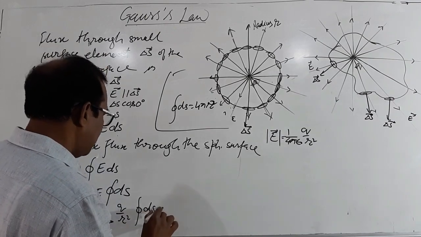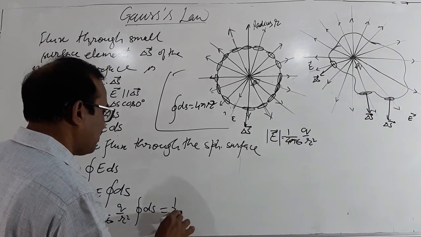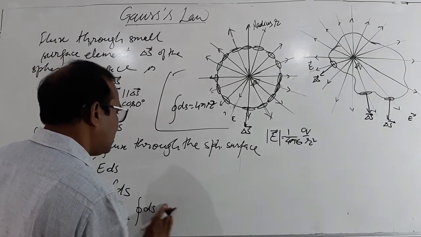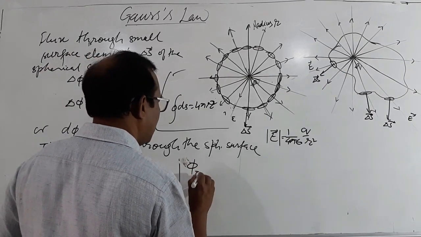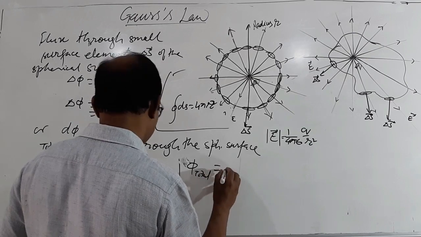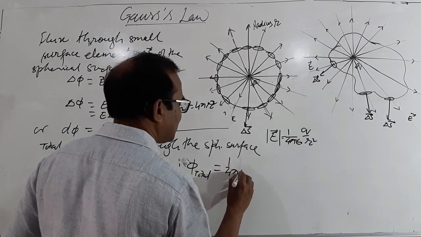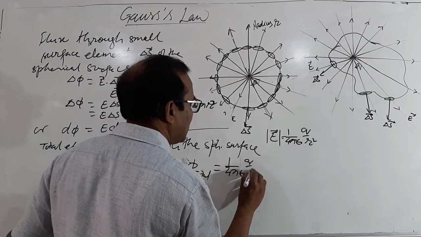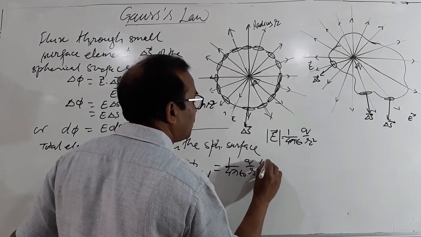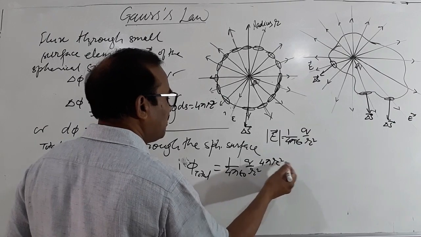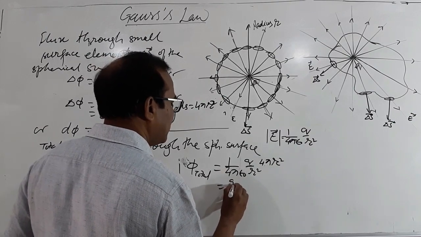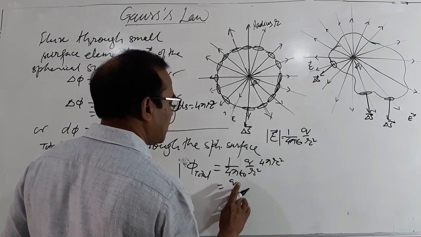So phi total equals 1 upon 4 pi epsilon naught q divided by r square into 4 pi r square. The 4 pi and r square cancel, and q upon epsilon naught remains.